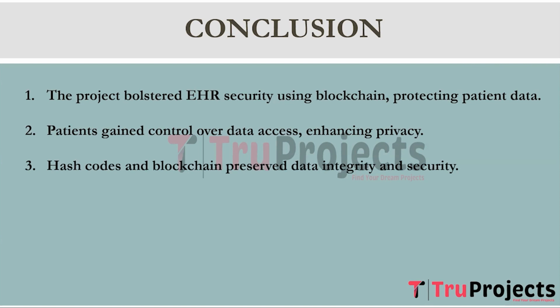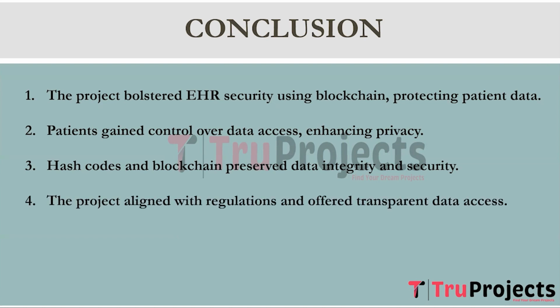Through the use of hashcodes and blockchain immutability, the project has established a robust system for verifying data integrity, detecting tampering, and maintaining the trustworthiness of EHR. The project aligns with the healthcare data regulations and offers transparent and permission-based access to authorized entities, promoting regulatory adherence and data transparency.